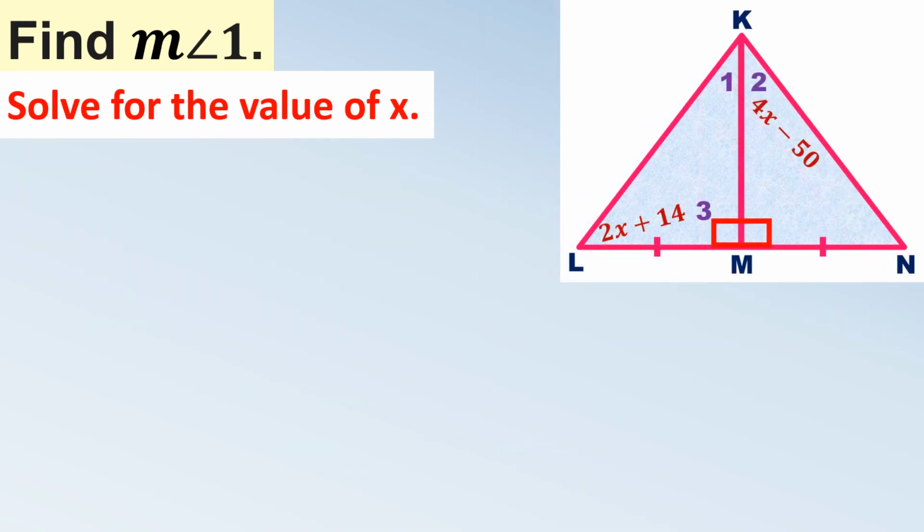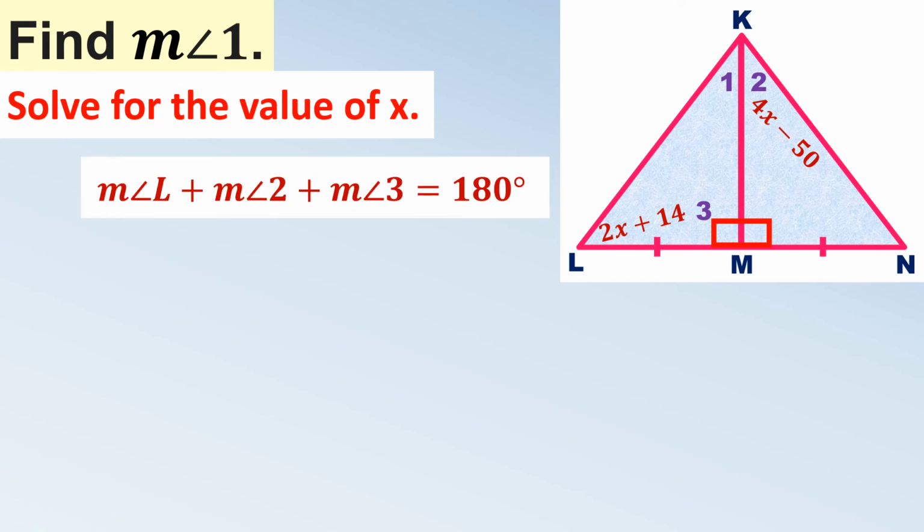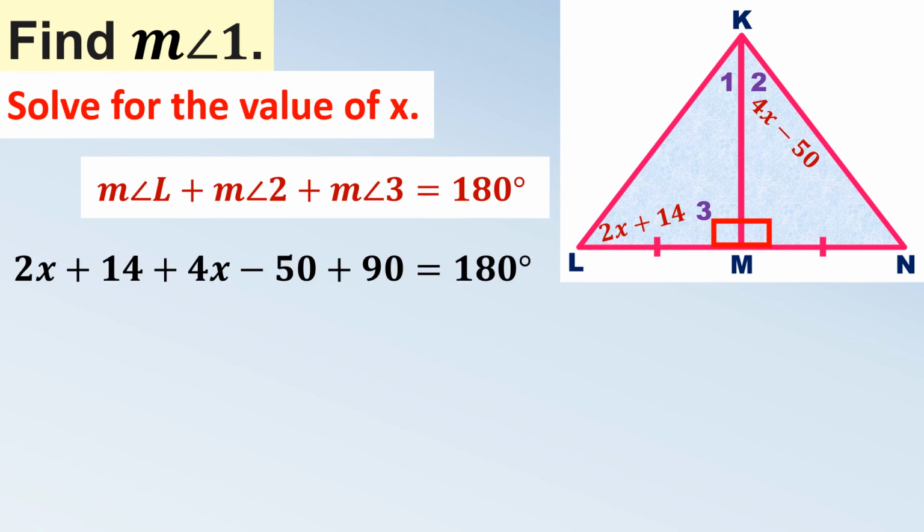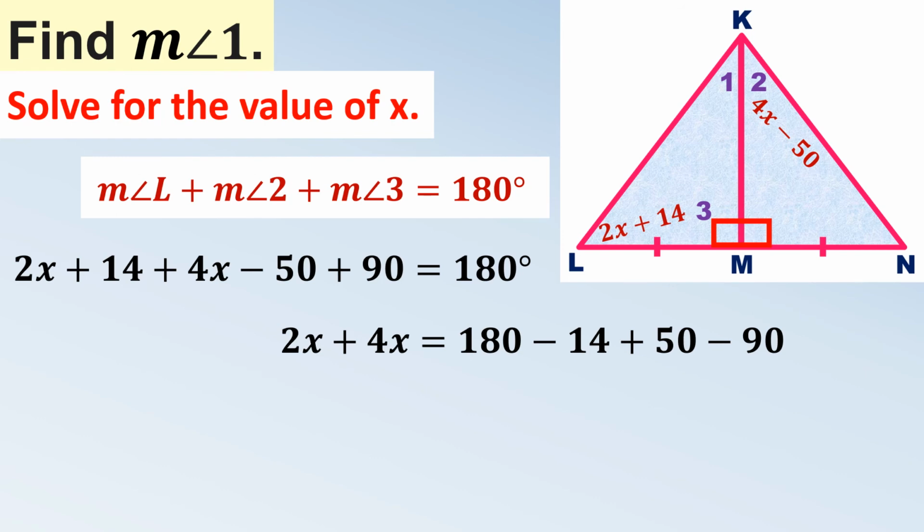We can now solve for the value of x. Through substitution, we will be having 2x plus 14 plus 4x minus 50 plus 90 is equal to 180 degrees. Okay, combine like terms.